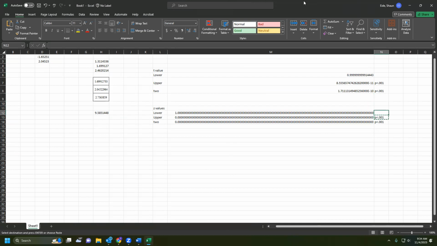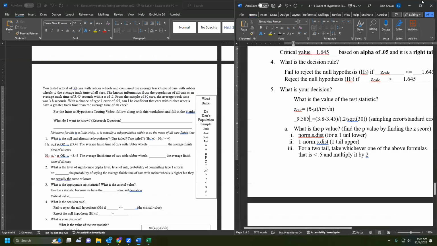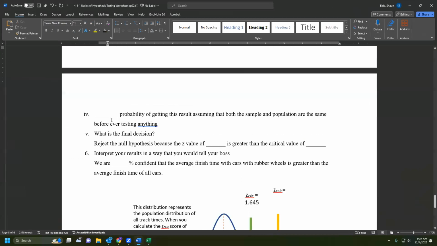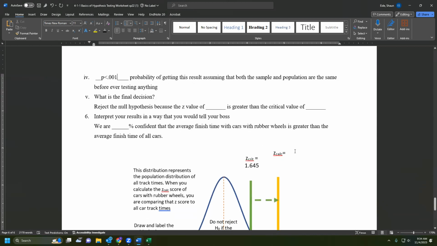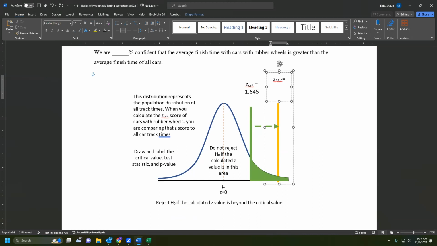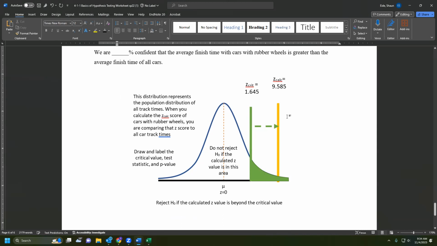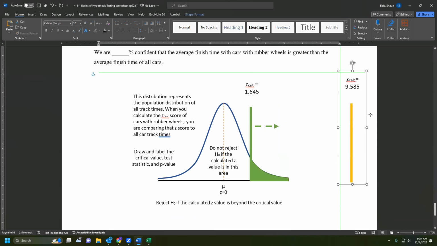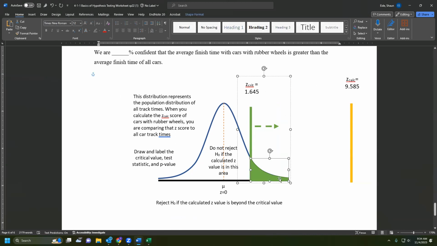And then right here, you just wouldn't put anything. So what does that p is less than 0.001 mean? Okay, let's figure that out. This is the probability of getting this result, assuming that both the sample and the population are the same before you ever test. So let's come back down here again, and we're going to put z-calc is 9.585. The probability of getting this is very low, because it's all the way down here.